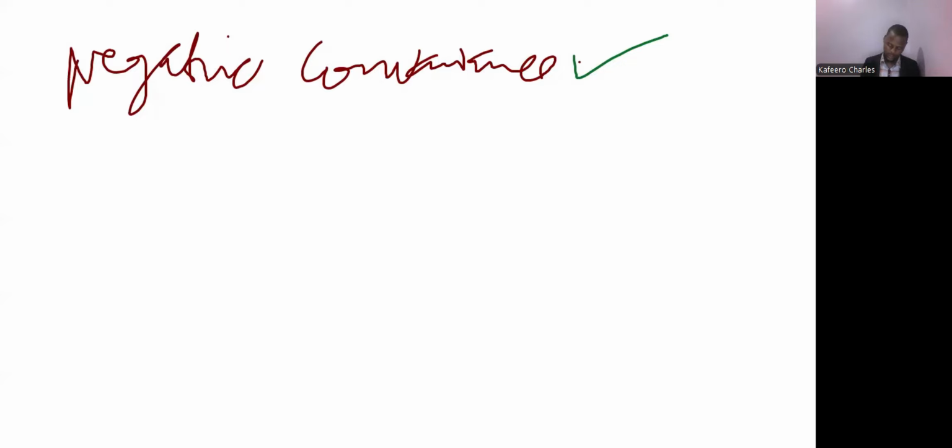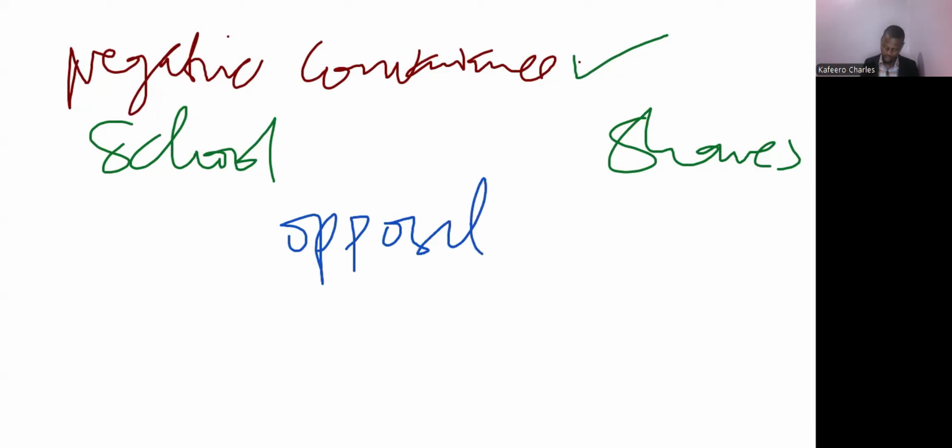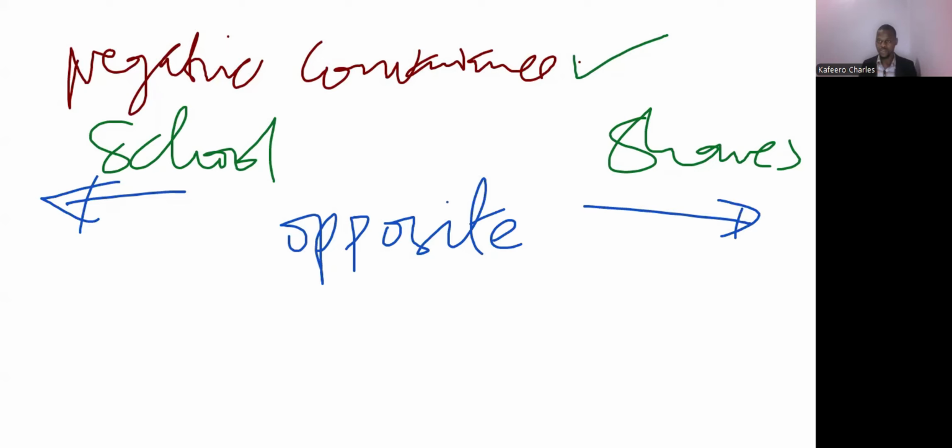It's going to be either, let's say, a school, maybe an investment in shares. So these two projects are going to be moving in opposite direction. If this one is going this side, then this one is also going to be going the other side. They are not moving in the same direction. They are moving in opposite direction, because I told you that covariance only measures movement.